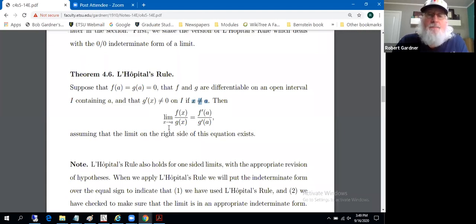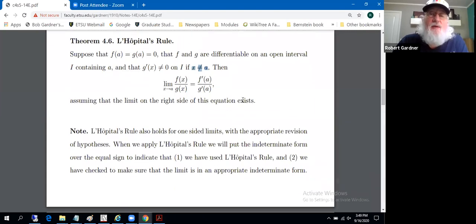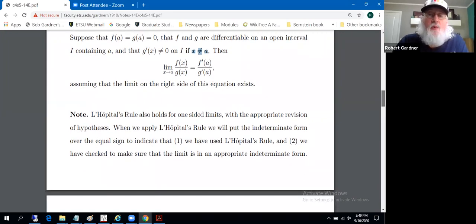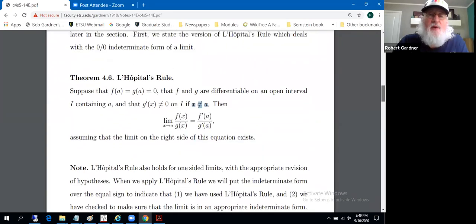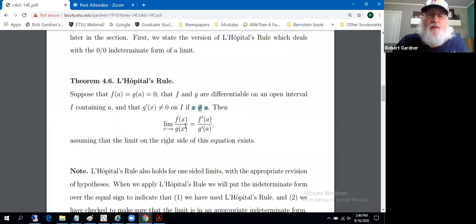Then the limit as x approaches a of f of x over g of x equals f prime of a over g prime of a, assuming the limit on the right side of the equation exists. Assuming the limit exists, we'll get this value for it. So if we have a 0 over 0 indeterminate form, which is what this sets up, then what we can do is not take the limit of the functions, but take, in some sense, a limit of the quotient of the derivatives.